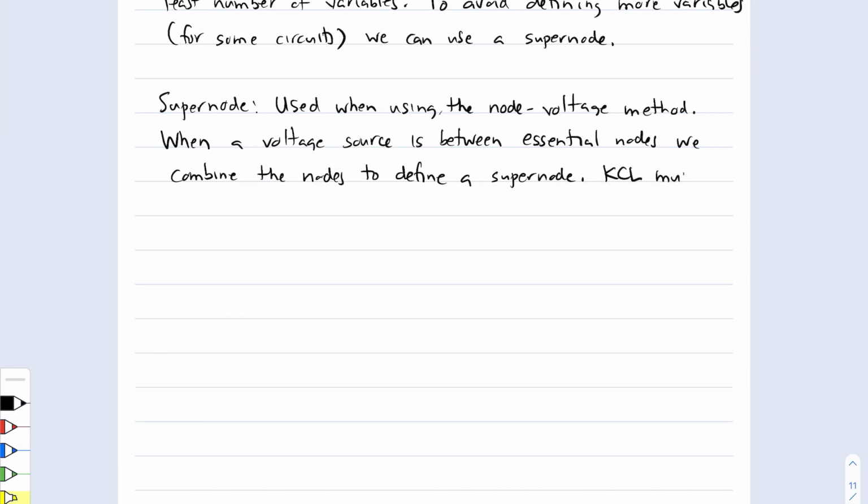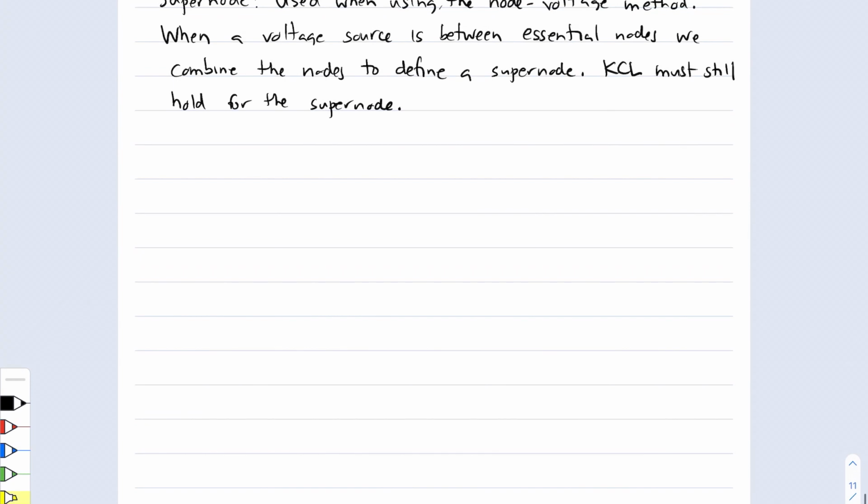KCL must still hold for the supernode. So we'll define a supernode and we'll still use KCL there.